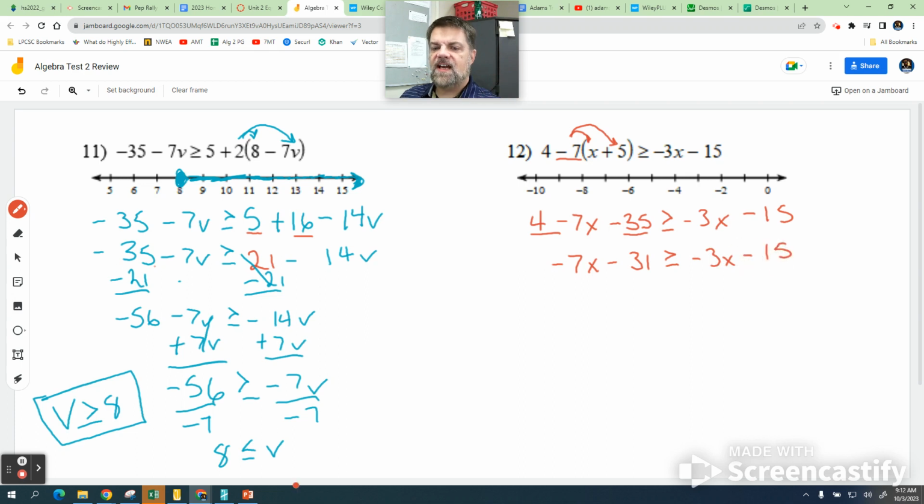So I'm going to get the x's to the other side. I like to pick the lowest of the x's. Negative 7x is actually lower than negative 3x because it's further over on the number line. So I'm going to add 7x to both sides. These cancel, and I get negative 31 is greater than or equal to positive 4x, right?